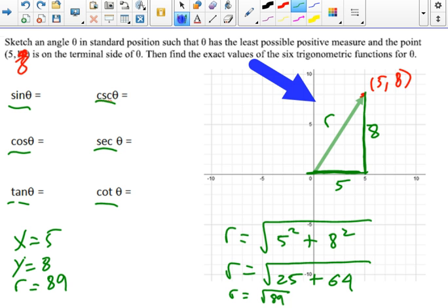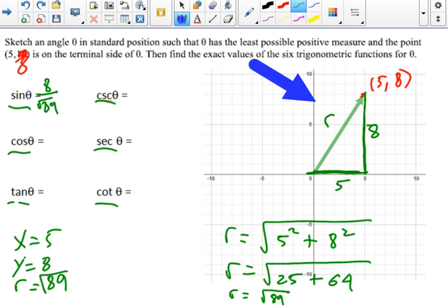I can now make all of the trig functions. Best if you try to do it from memory here. So sine is, I'll give you a second to think. That's right, it's y over r. So it's going to be 8 over the square root of 89. We'll talk about rationalizing that denominator.